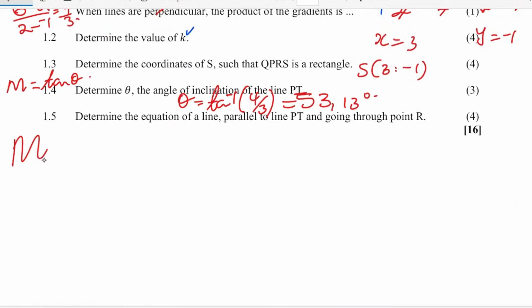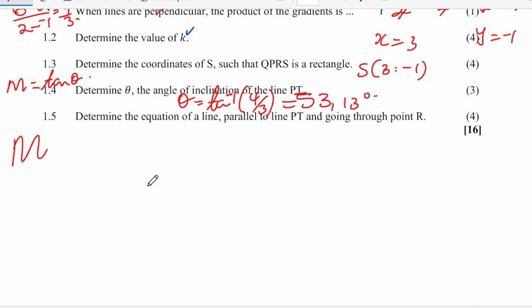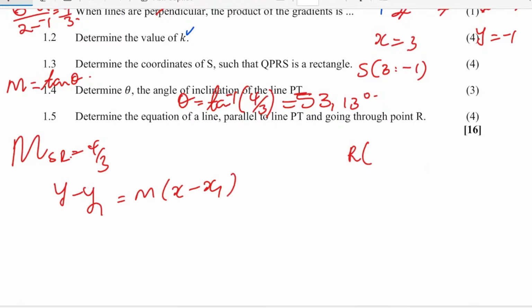And then 1.5, we want the equation of the line that's parallel to PQ. The gradient of this line should be just the same, 4/3, whichever point. Then y minus y1 is equal to m times (x minus x1). We know that point R is the one with (6, 3).